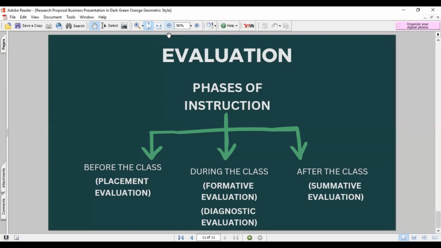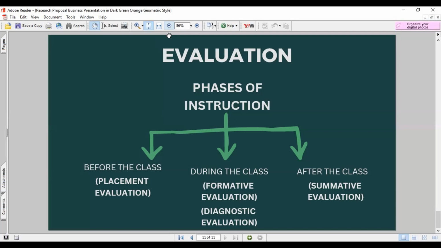So diagnosing the problem and solving the problem throughout the session, everything happens during the classroom in an informal way. So whenever we are talking about informal evaluation, formative and diagnostic evaluation come into terms.